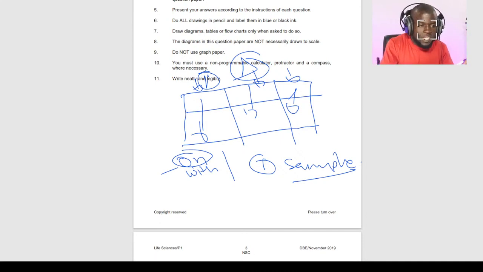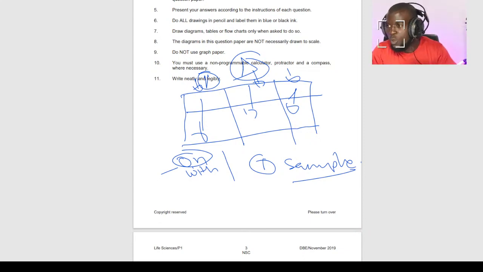If you are using females of age 10 to 20, you have to keep in mind that even in the second trial, it must be 10 to 20. Even the third, so that you are increasing the reliability. Kundai, I think this is clear. Let me know that you are understanding what I'm trying to say.